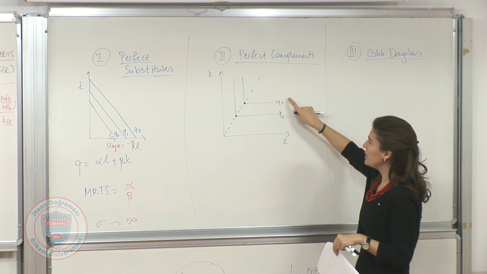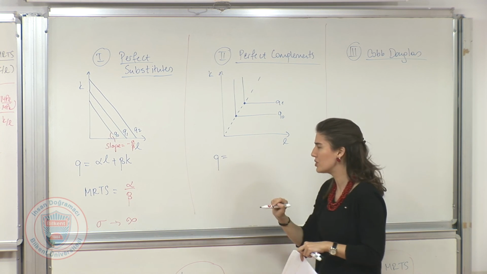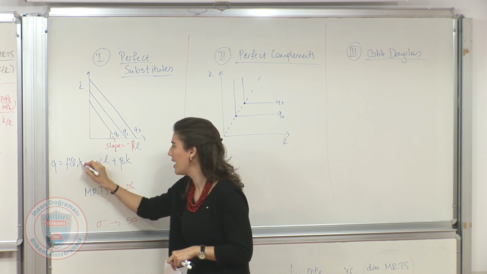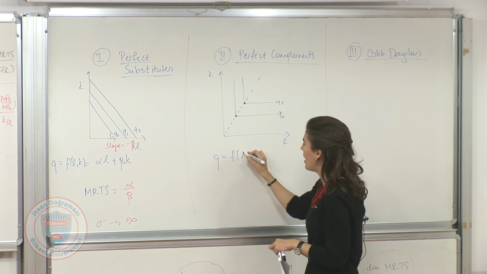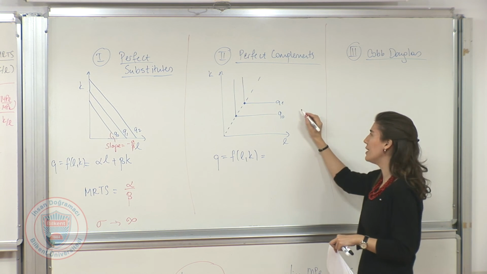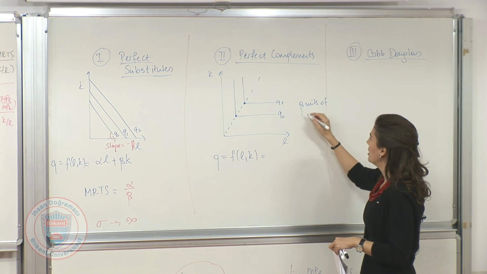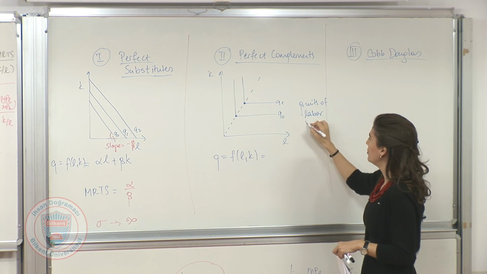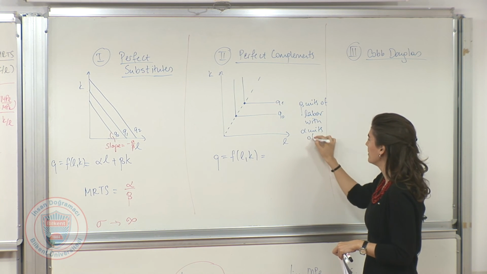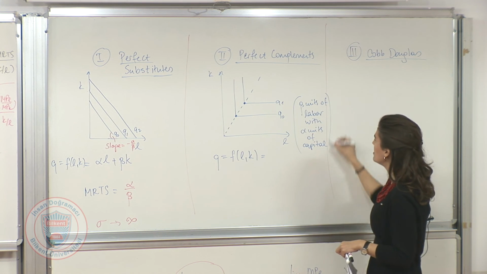But how are we writing this? So how are we writing the production function? Let's put it like this, Q = f(L, K). Remember, we were using minimums. Suppose I would like to use beta units of labor with alpha units of capital. Suppose this is the case.